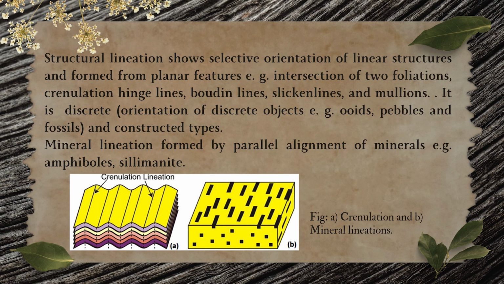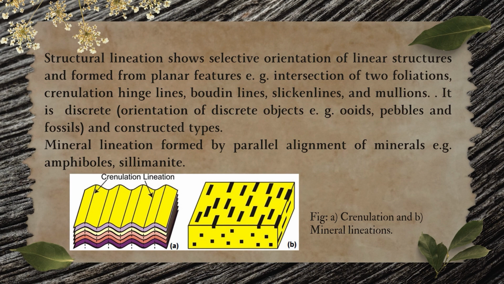It is a discrete orientation of discrete objects, for example, ooids, pebbles, and fossils, and constructed types. Mineral lineation formed by parallel alignment of minerals, for example, amphibole and sillimanite.